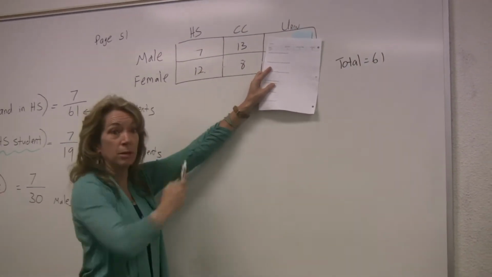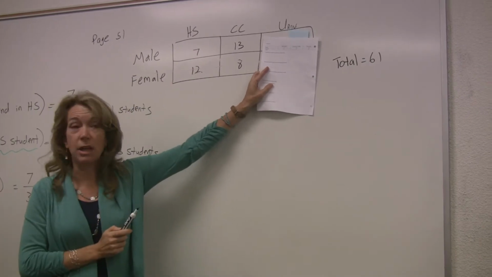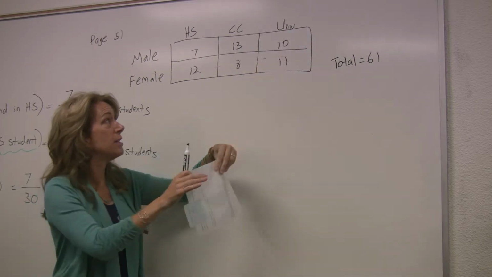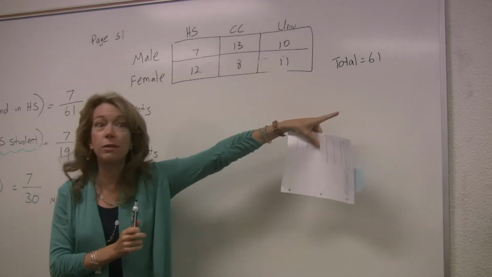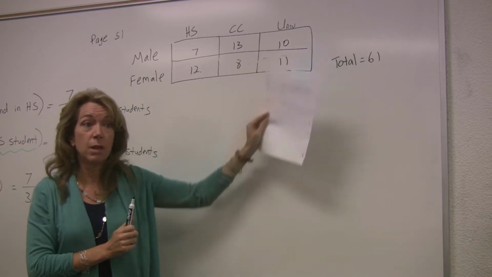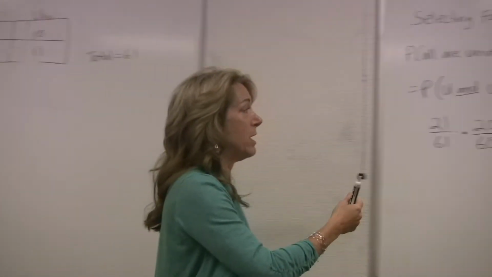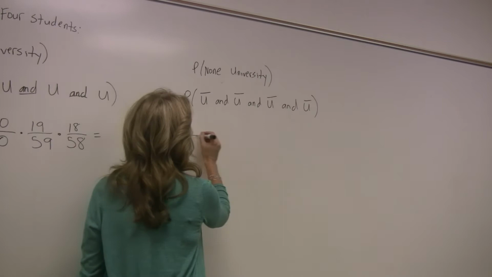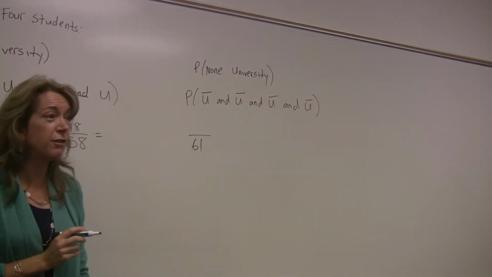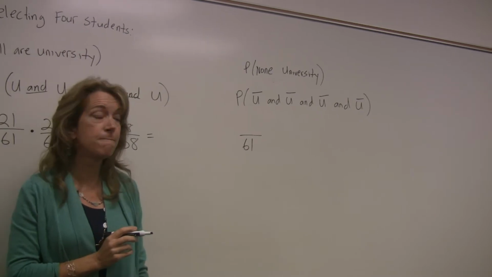All of these people are not in the university. So you could either add them up, which is 40, or you could subtract this 21 from the total, and you still would have 40 that are not in the university. So if I'm going to reach in and grab one student, I still have 61 to begin with to choose from. We all agree there's 40 who are not in the university?